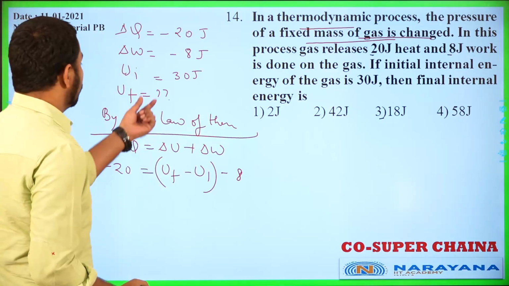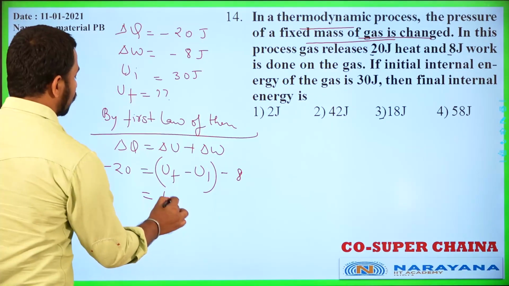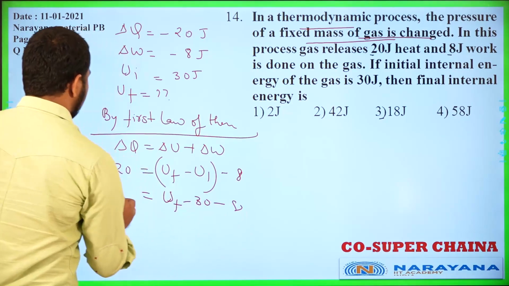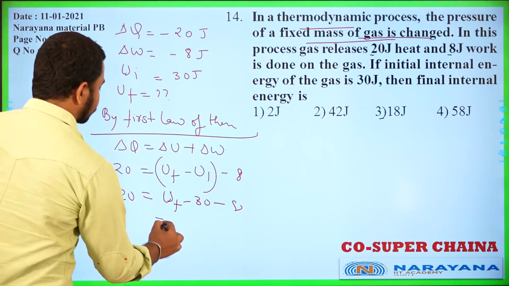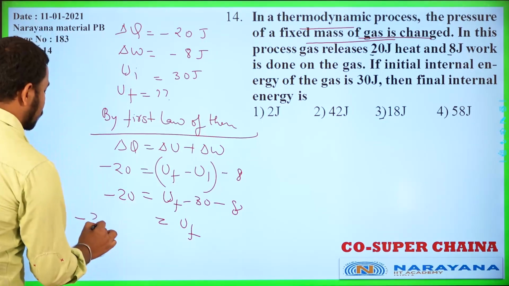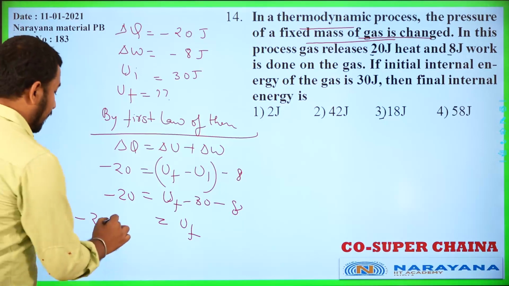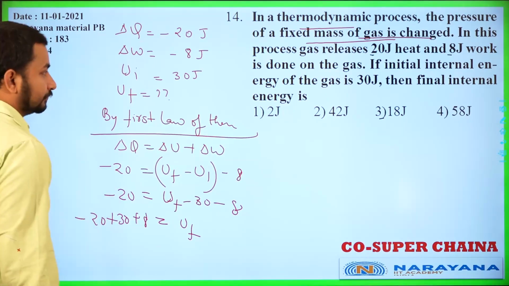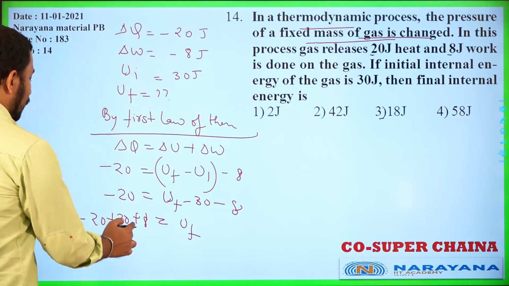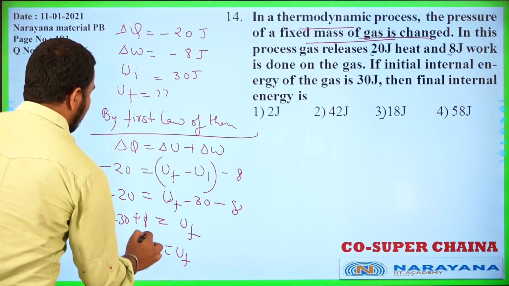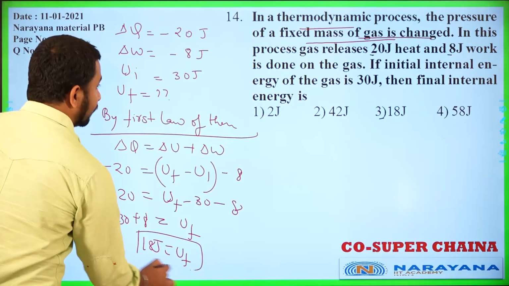Now U initial you can also substitute here. U final we need to get. U initial is 30, minus 8, and this we have as minus 20. So U final will be minus 20 plus 30 plus 8. If you solve here, we are getting U final as 18 joule. That will be the answer of this question.